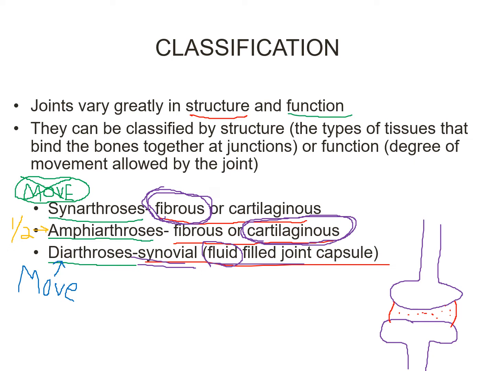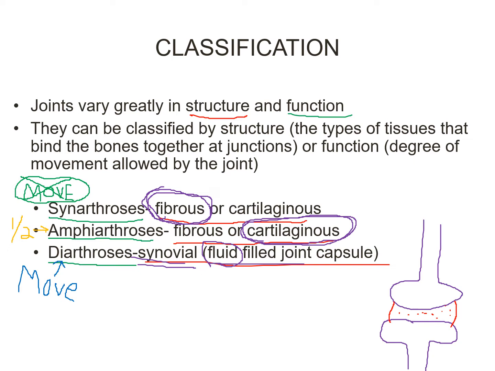So once again, I know I've spent a while on this slide. This is basically the foundation. If you understand this slide, everything else with your studying will be very easy, because you can group all of the specific types of joints in one of these three. So every single joint has to fall under one of these three functional groups. Does it move?